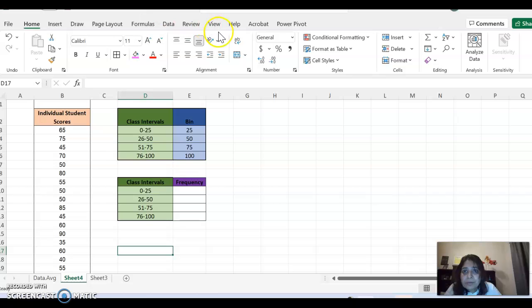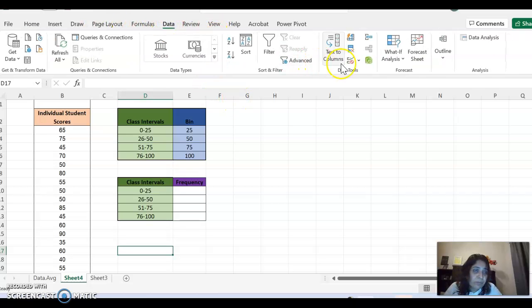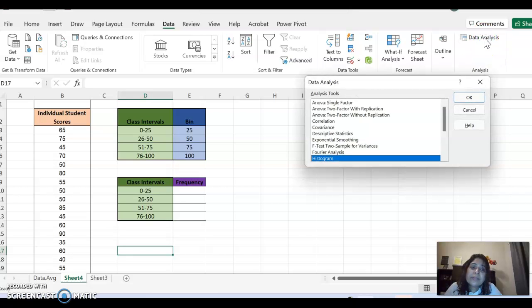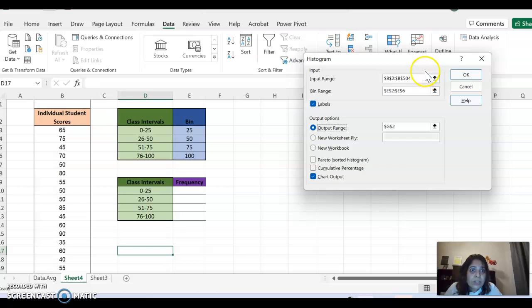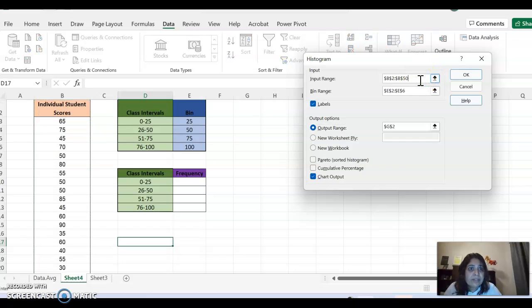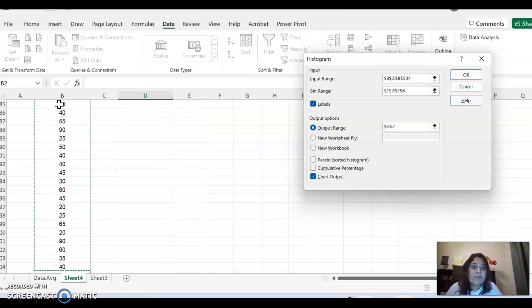We are going to go to data analysis in order to plot a histogram to see what was the frequency of the students in a certain class interval. So input range is going to be the individual student scores. There are 500 of them, and those got selected.